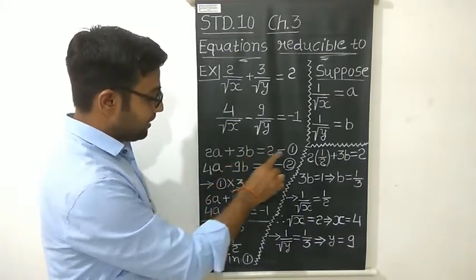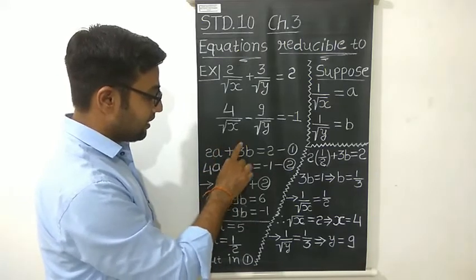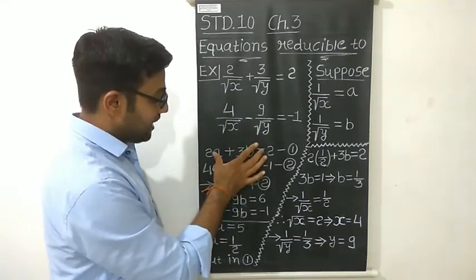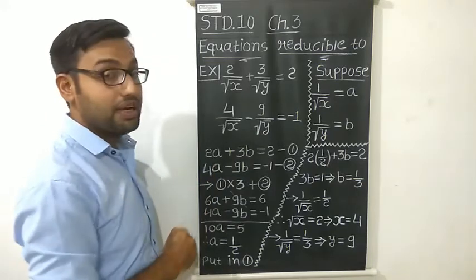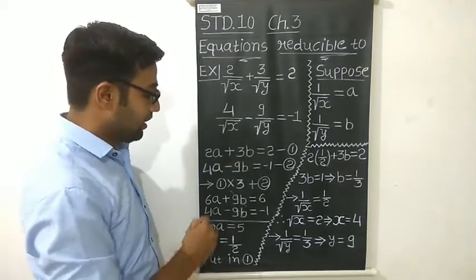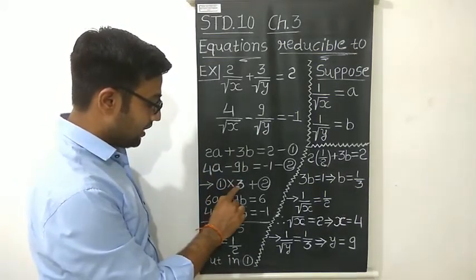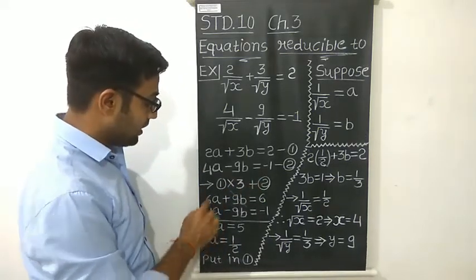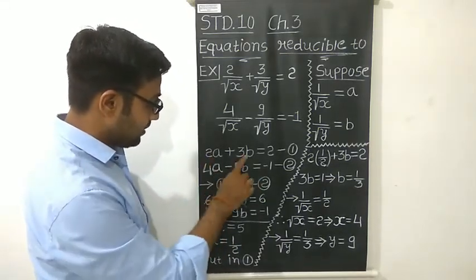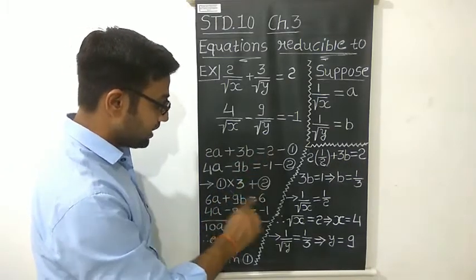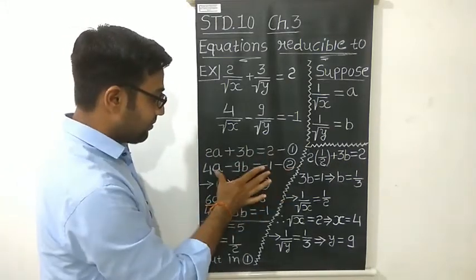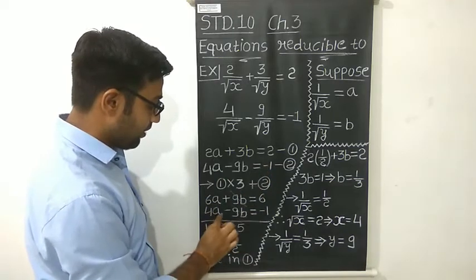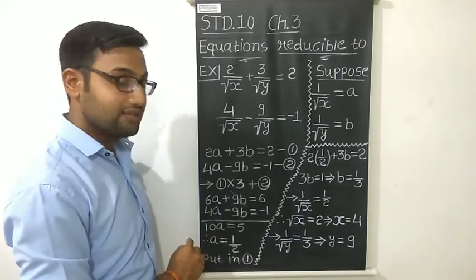By multiplying this equation with 3, we will get 9b here, and by adding these two equations we can eliminate the variable b. So multiply equation number 1 with 3 and add it to equation number 2. Now we will get here 6a plus 9b is equal to 6, and the second equation will be as it is, 4a minus 9b is equal to minus 1.